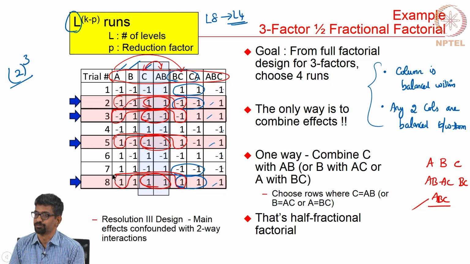It will be the same set of rows. So, choose rows where C equals AB, or B equals AC, or A equals BC, and then you use them, that is your half fractional. Wherever I have those cases, I will use them.